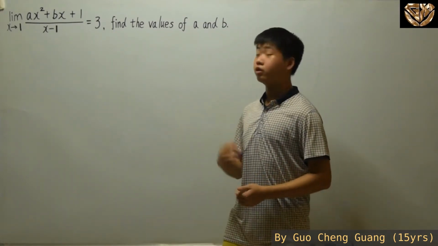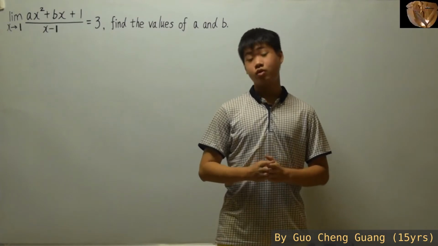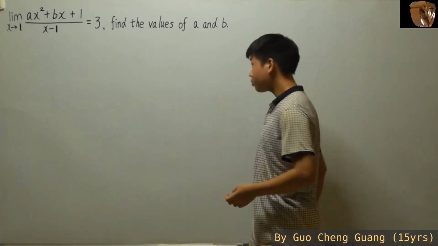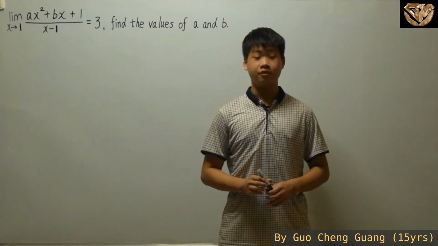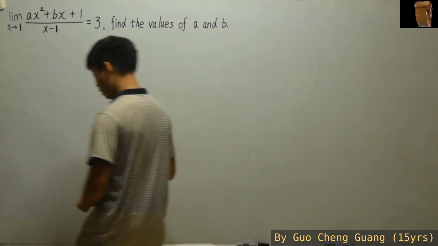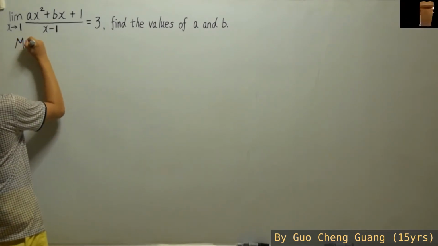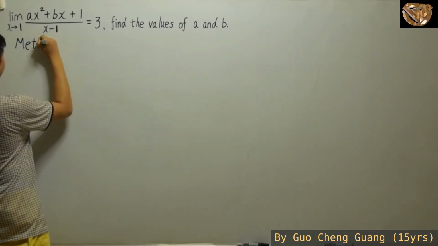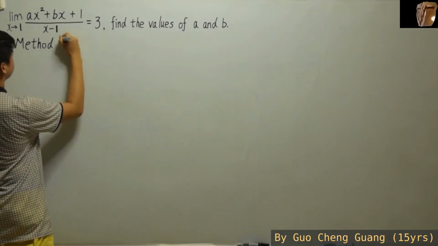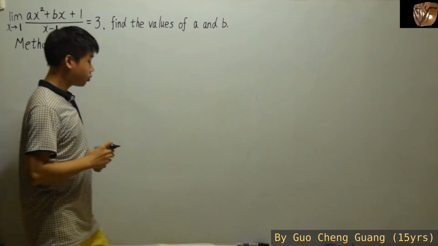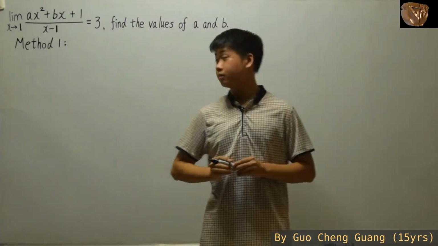And what we are going to do is to use 3 different methods to solve it. Alright, so let's start with the first method. So what will our first method be?